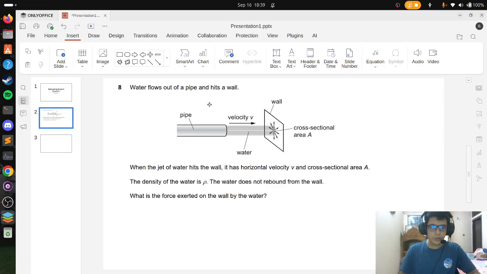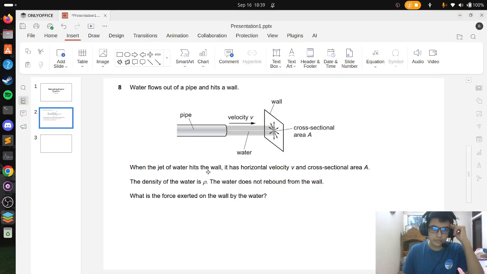Okay, so water flows out of a pipe and hits a wall. This is the pipe. The water flows with velocity v towards the wall, and there is a cross-sectional area. We'll check what they mean by the cross-sectional area later.